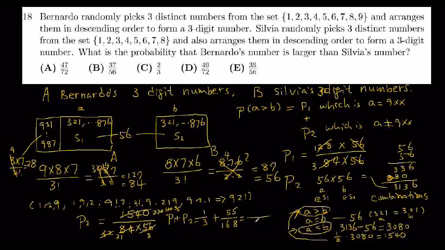You can unify the two numbers, and here you must have 56 plus 55, which is 111 over 168. Reduced by 3, it became 37 over 56. The answer is B.